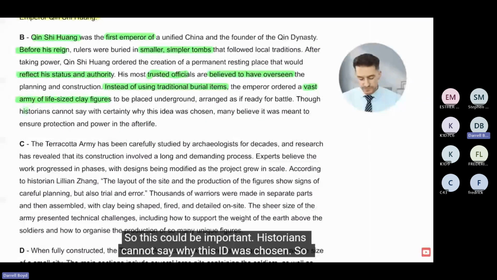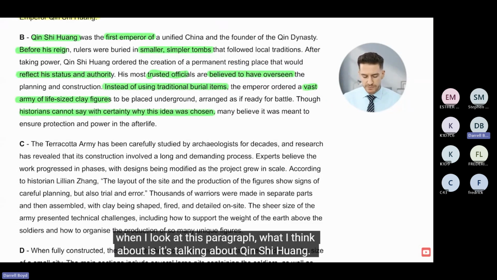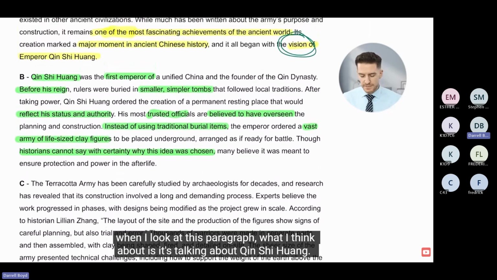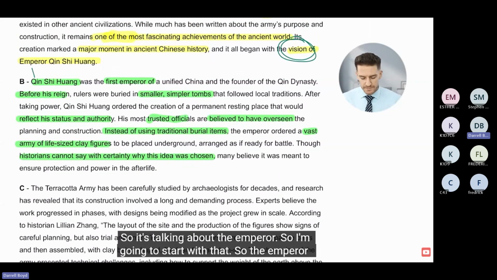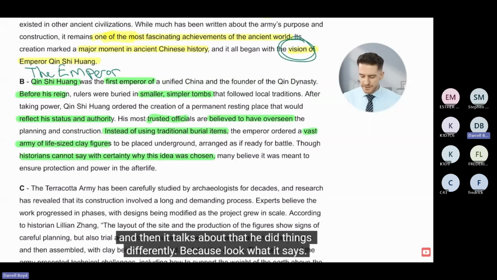So this could be important. Historians cannot say why this idea was chosen. So when I look at this paragraph, what I think about is it's talking about Qin Shi Huang, so it's talking about the emperor. So I'm going to start with that. So the emperor. And then it talks about that he did things differently. Because look what it says.